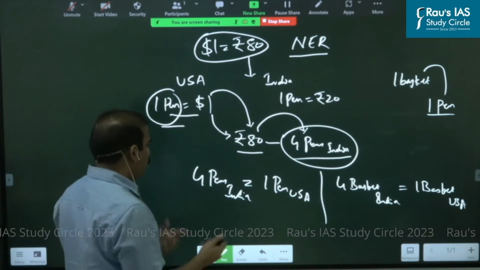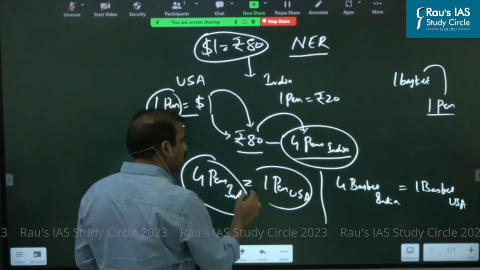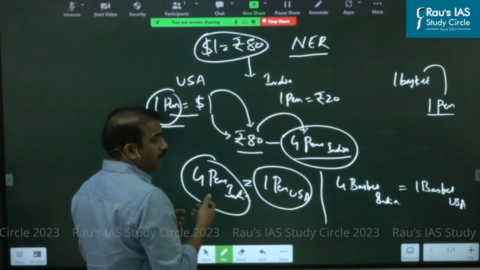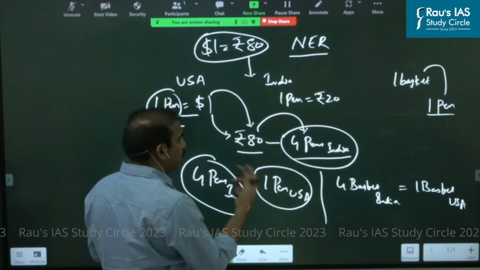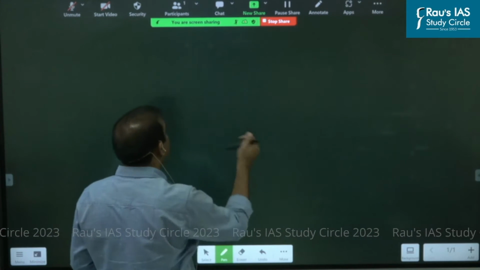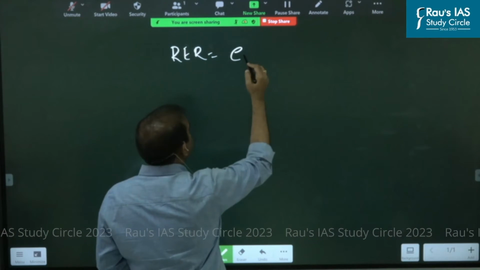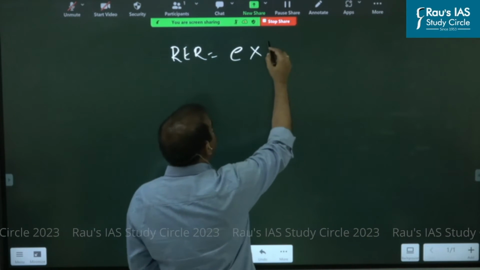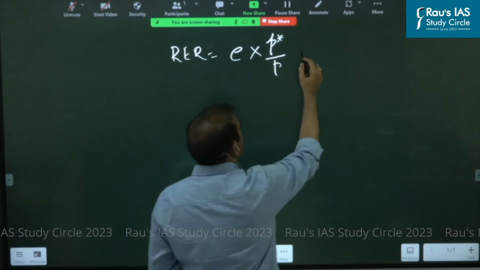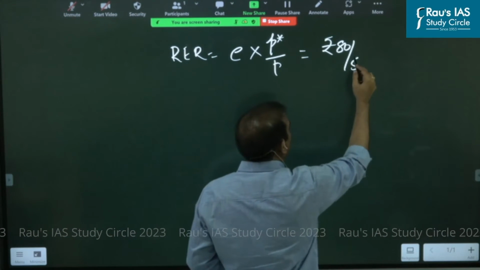So now how would you interpret it? 4 pens, or 4 baskets of Indian goods, is equal to 1 basket of American goods, and henceforth more Americans would be interested in consuming Indian goods. So let me try to generalize this by simply using a formula. The very common formula we'll be using to compute the real exchange rate is the nominal exchange rate multiplied by the ratio of price levels, P star divided by P. E stands for the nominal exchange rate, that is 80 per dollar.